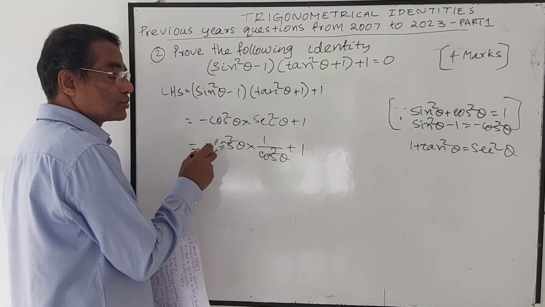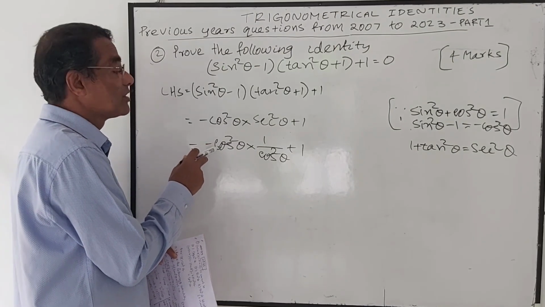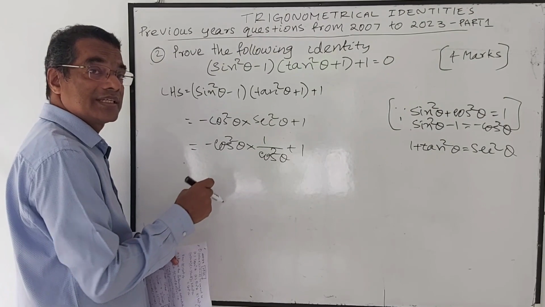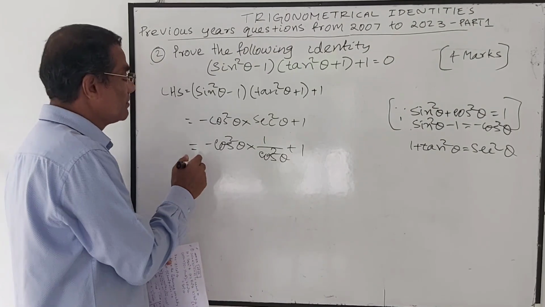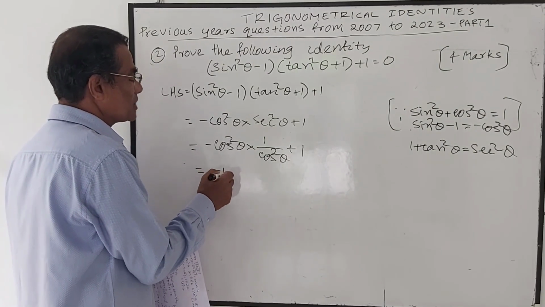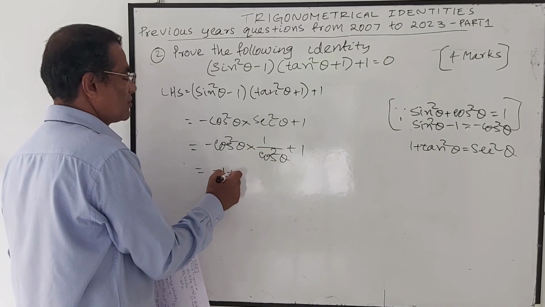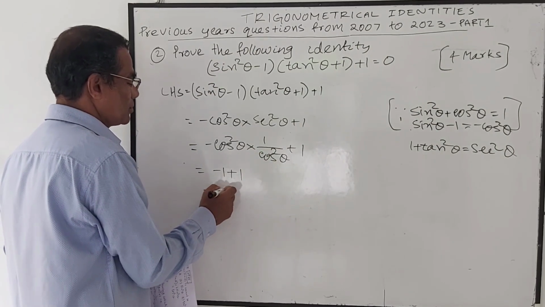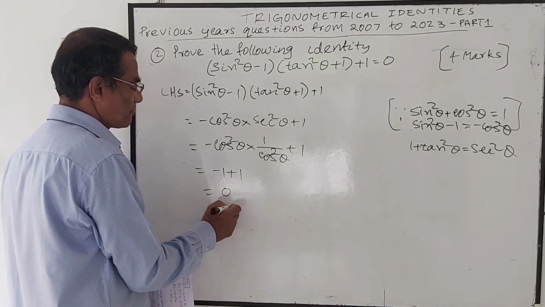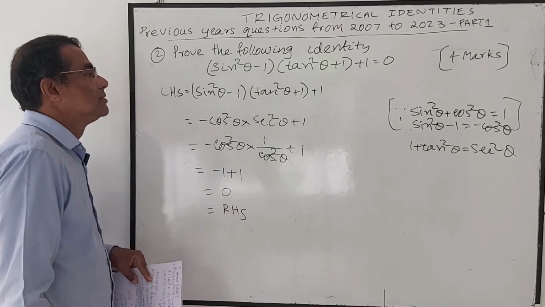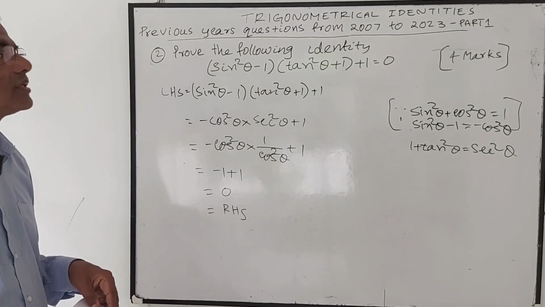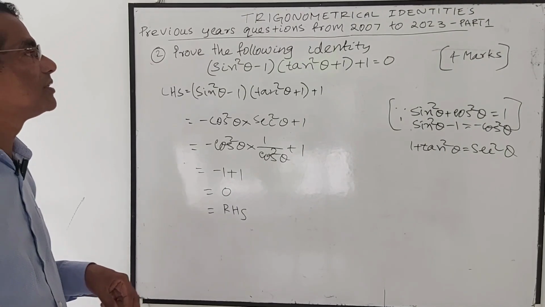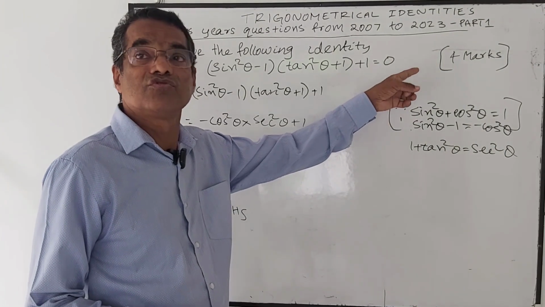So minus cos square theta is in the numerator and cos square theta is in the denominator. On dividing we get minus 1. There is a plus 1 here, equal to 0, equal to RHS. This is a simple question and this question is for 4 marks.